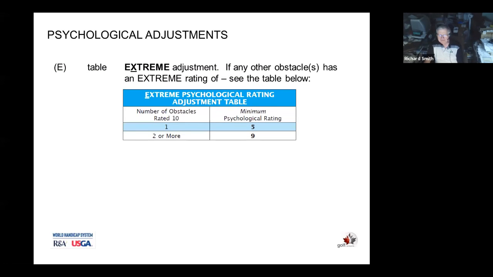There are adjustments, and again, these are made automatically by the software. An extreme adjustment, if you have one obstacle rated 10, then the minimum psych rating would be 5. If you have on that hole 2 or more obstacles that are rated at 10, the psych rating minimum would be 9.